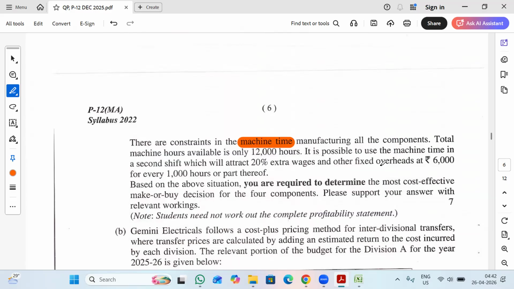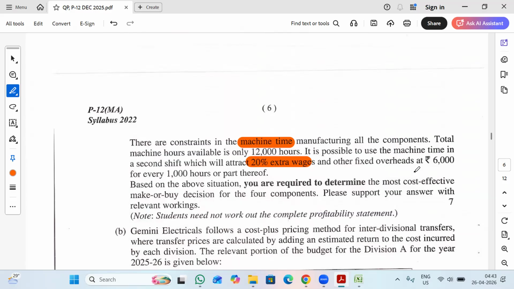It is possible to use the machine time in a second shift. So we can go for a second shift that will attract 20% extra wages and fixed overheads of 6,000 for every 1,000 hours or part thereof. So if I go more than 1,000 hours, I have to spend 6,000 rupees.